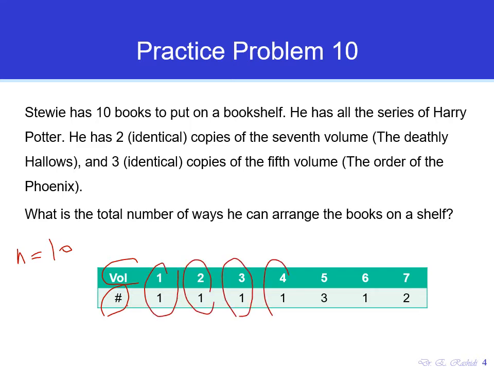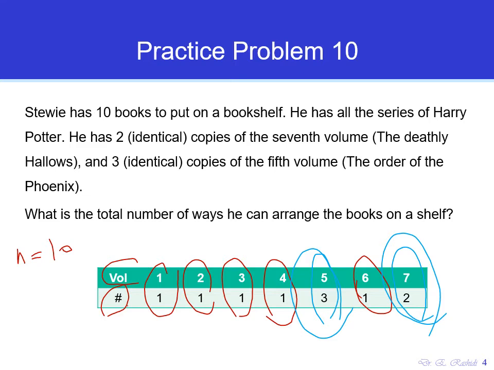For the third, fourth, sixth, he has 1. But for the 5th one and for the 7th volume, he has 3 and 2, respectively. So this would add up to 10 books, but not all of them are different from each other. These 3 are similar. These 2 are also similar.